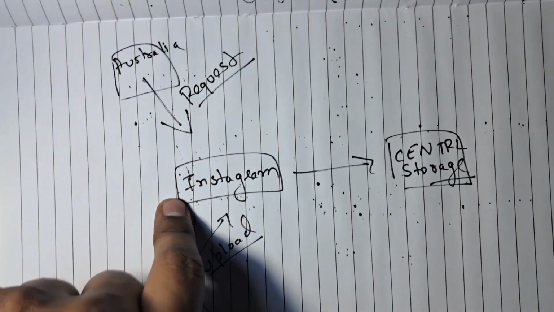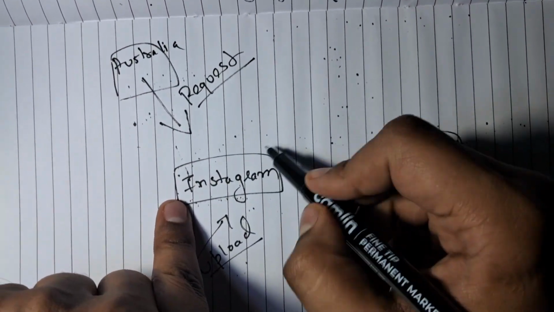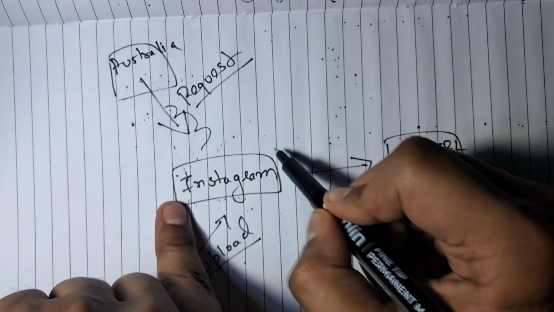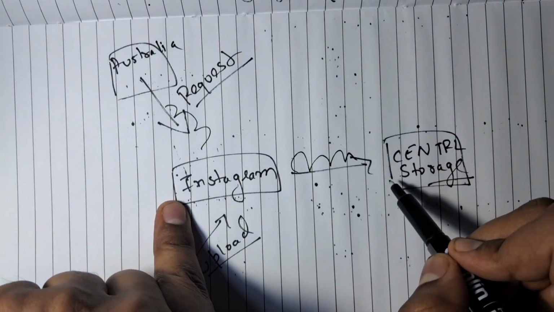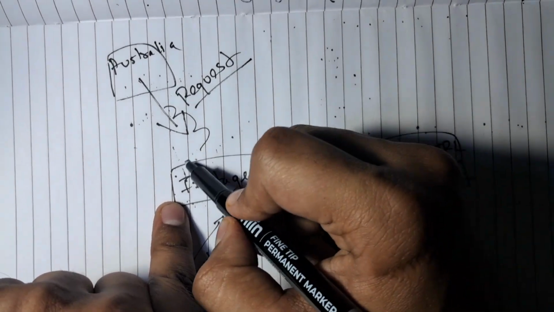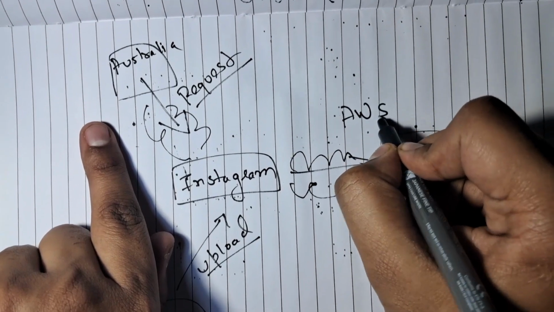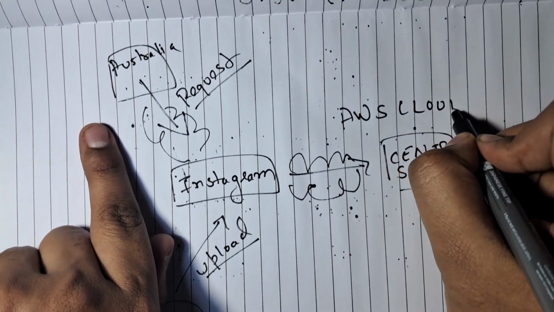So the first time, Instagram will go through so many routers, which I told you about, go to the central storage, and come back again with that image and give it to the user. But now we are using AWS CloudFront.